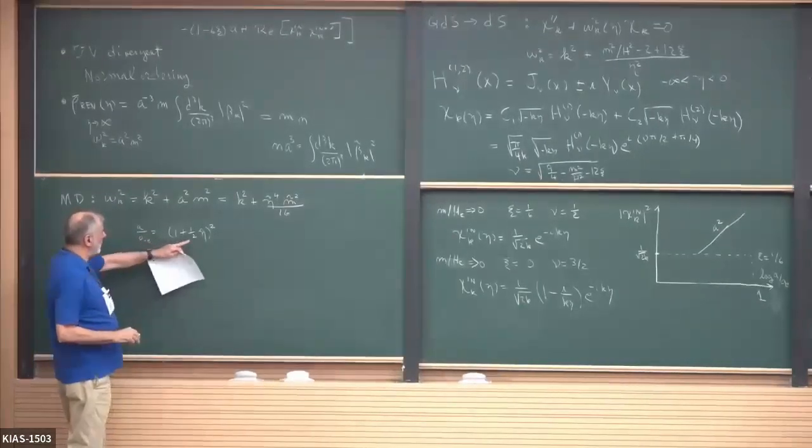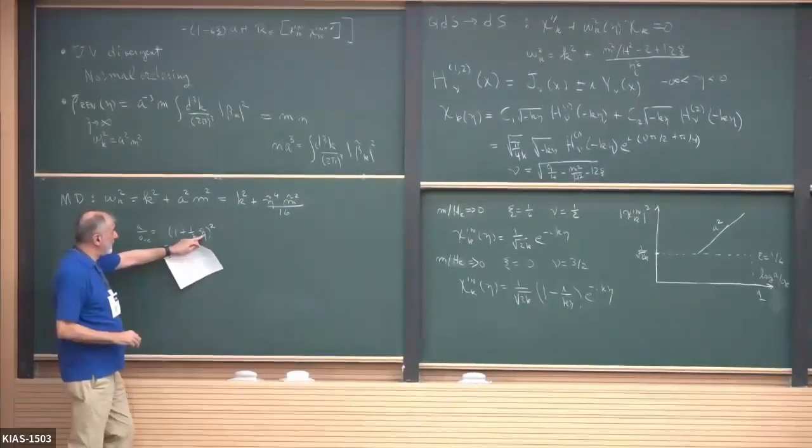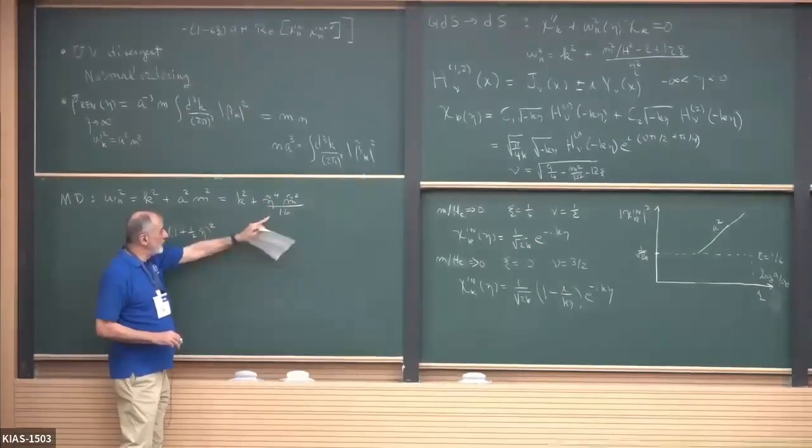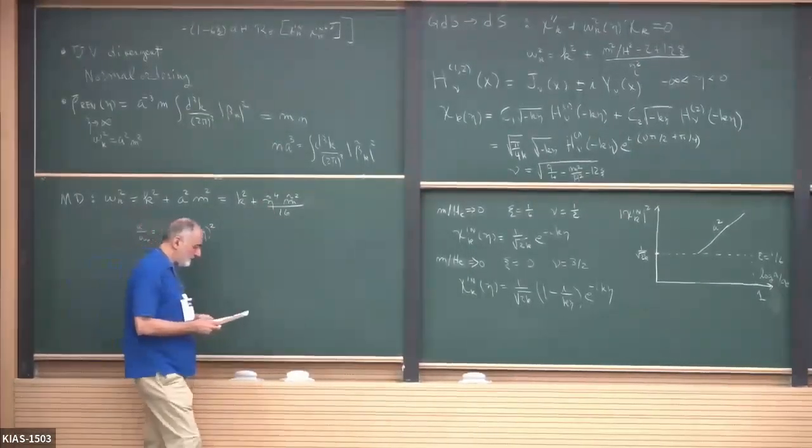So A squared for large values of eta tilde is eta tilde to the 4th over 16.